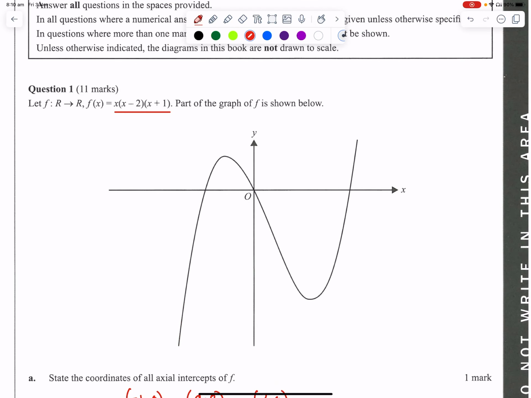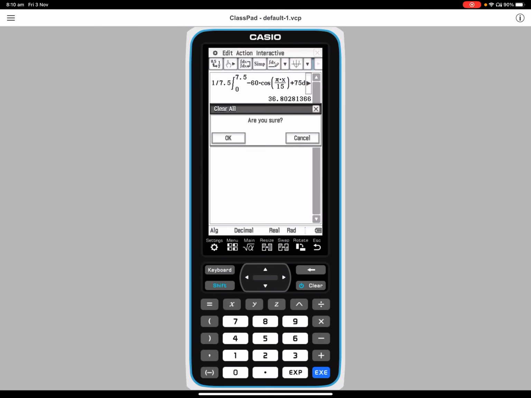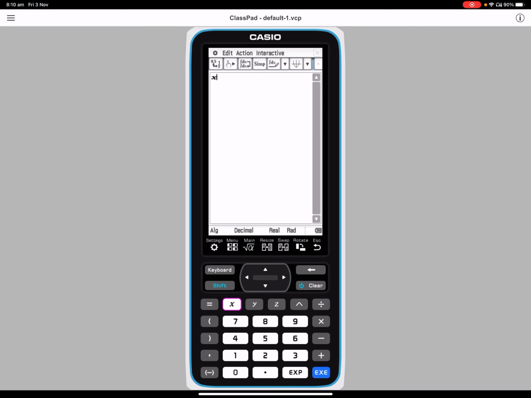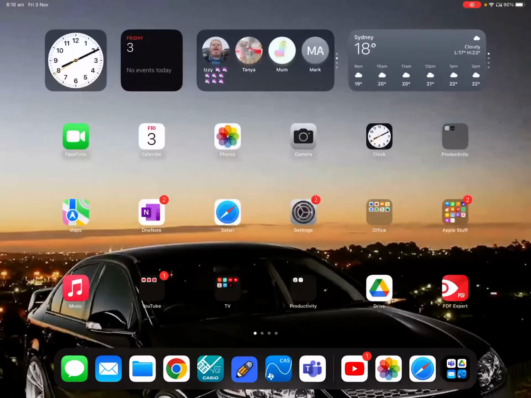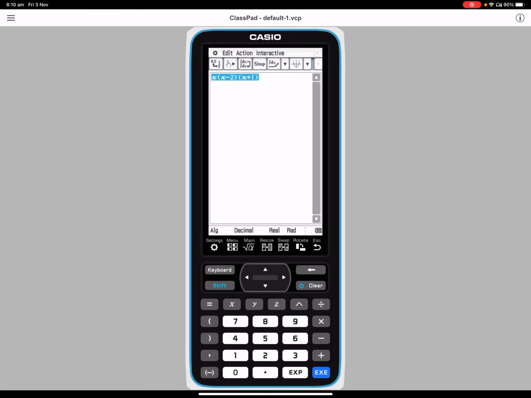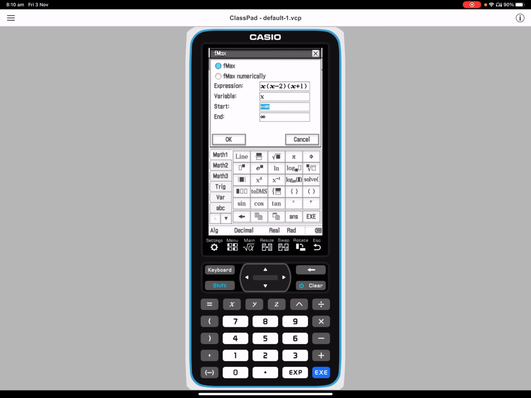Okay, so x minus 2, x plus 1, I think it was. We want to find the maximum, and that is between -1 and 0.